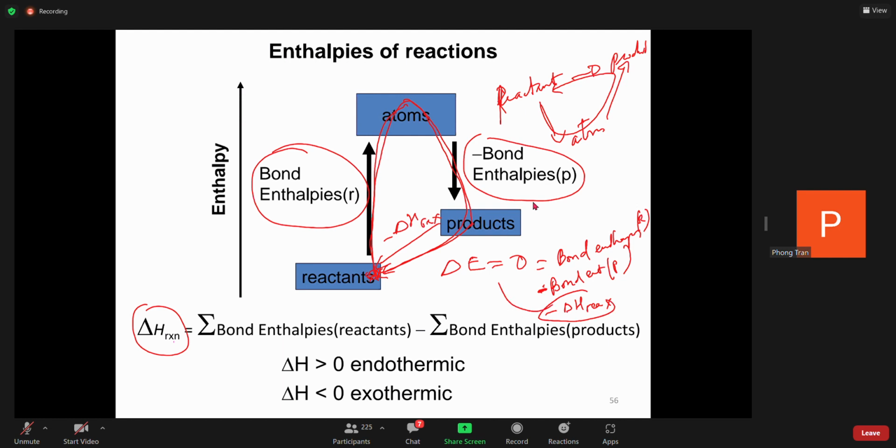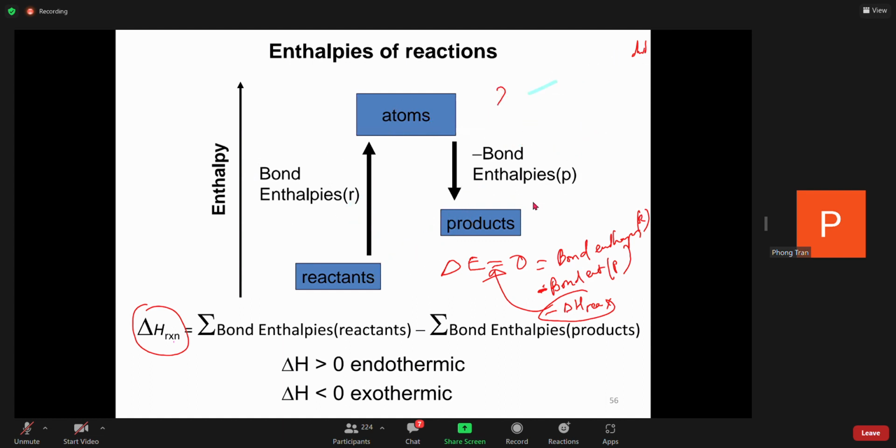From that, you get delta H of reaction is equal to the bond enthalpy of reactant minus the bond enthalpy of the product. It's very simple mathematics. It's mathematics of secondary school, or primary school. Very simple.